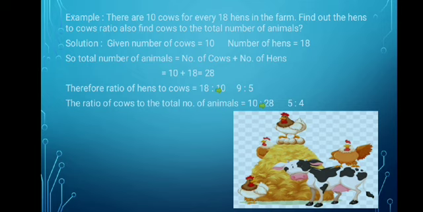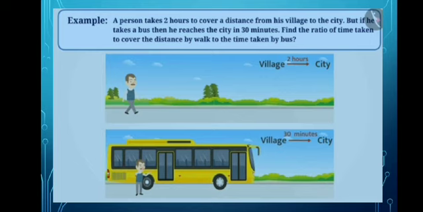So the total number of animals is equal to the number of cows plus number of hens, which gives 10 plus 18 equal to 28. Therefore, the ratio of hen to cow equal to 18 is to 10, which gives 9 is to 5. The ratio of cow to the total number of animals is equal to 10 is to 28, which gives 5 is to 14. Now we can move to the next problem.